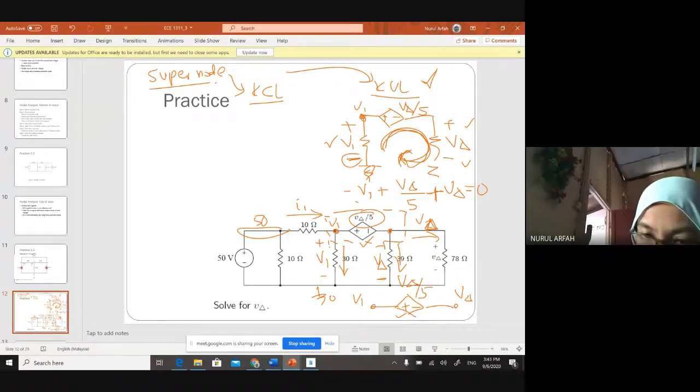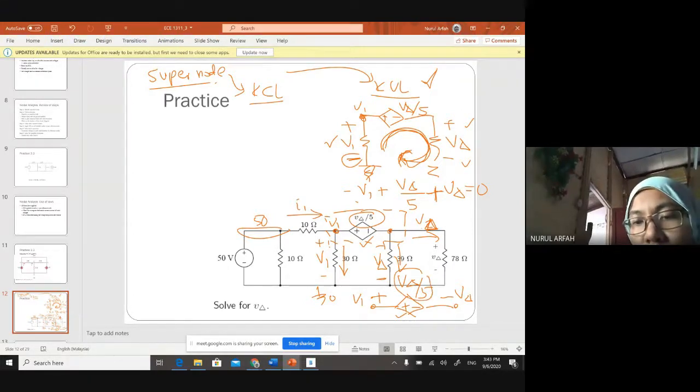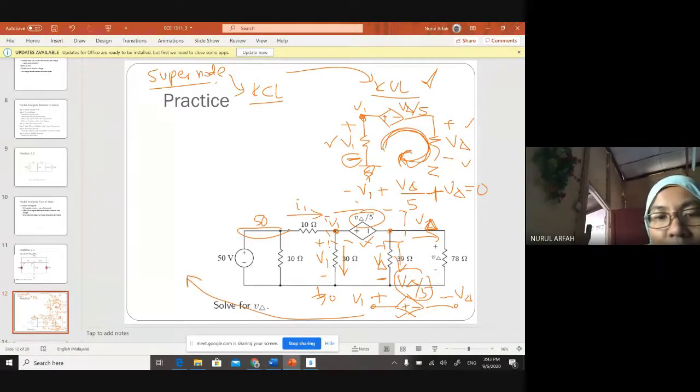I said we need to subtract the lower polarity from the higher polarity and equal it to the value of the voltage source. So in our case, we have V1 at higher polarity minus V delta at lower polarity equal to the value, which is V delta over 5.